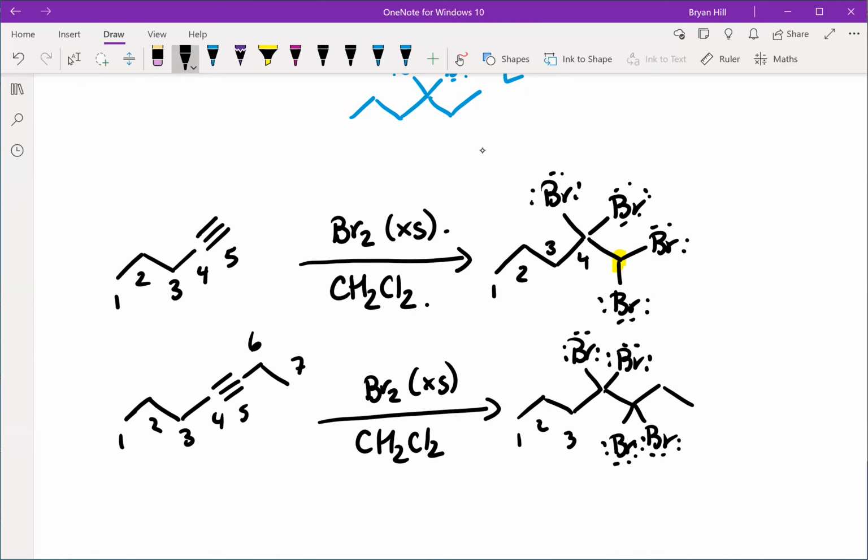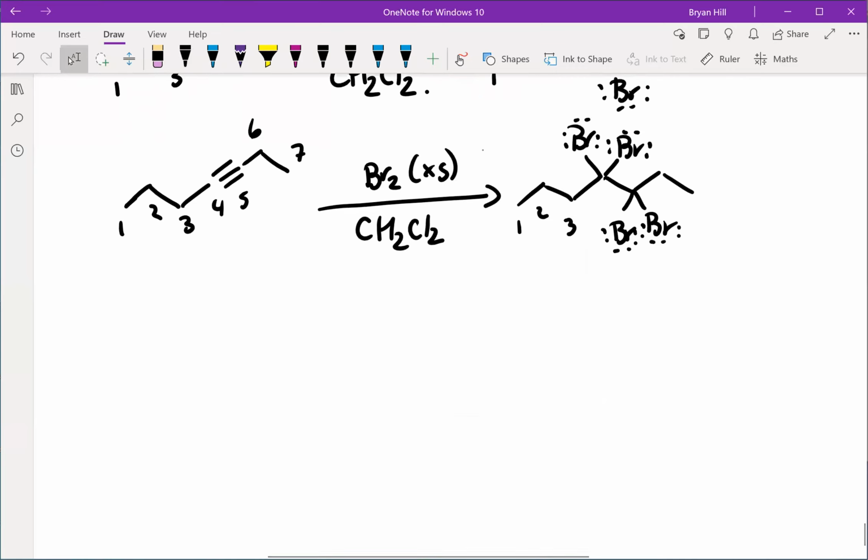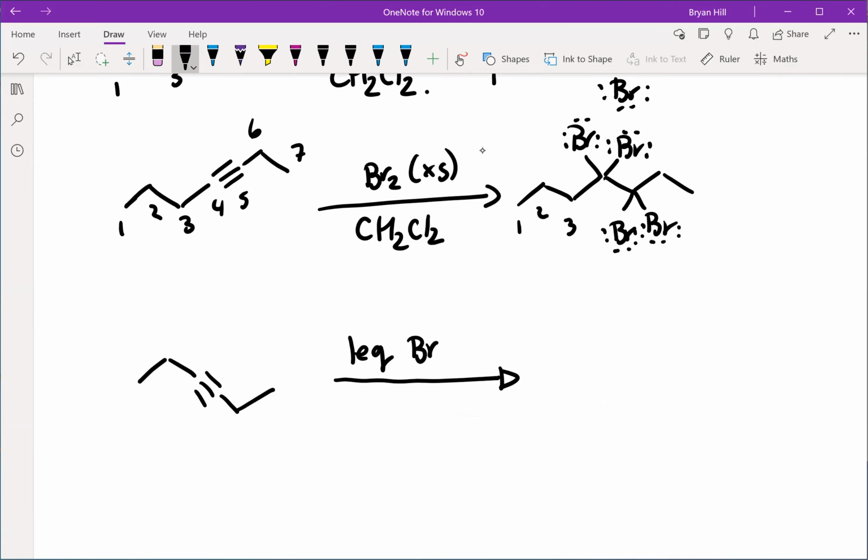Yes, and I guess it's true, if we were to be really, really careful, I guess I should bring this up. If you were being really, really careful, let's say that we had this, and we used exactly one equivalent of Br2, our final product is going to look like this.